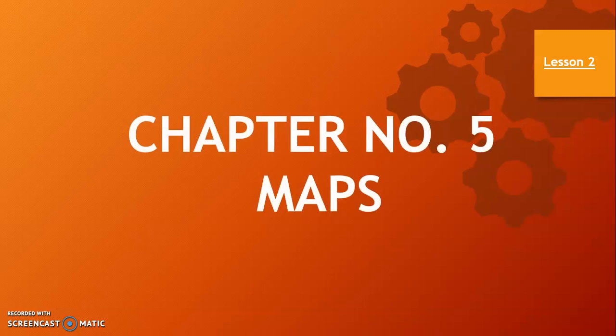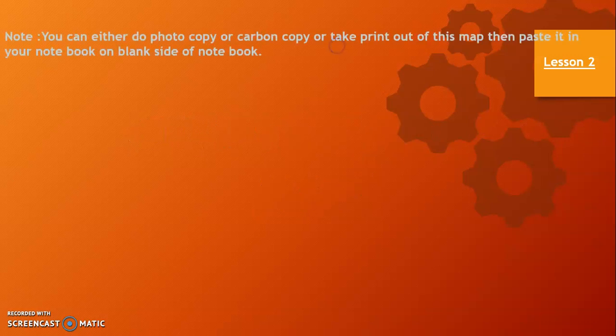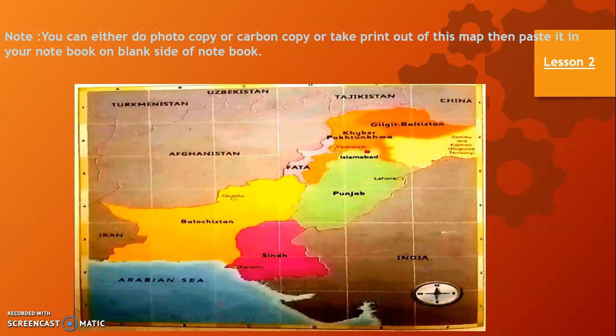Okay class, make a title page, chapter number 5, Maps, in your notebook. Read this note carefully. You can either do a photocopy or carbon copy or take a printout of this map. Then paste it in your notebook on the blank side, that is the left side of your notebook.